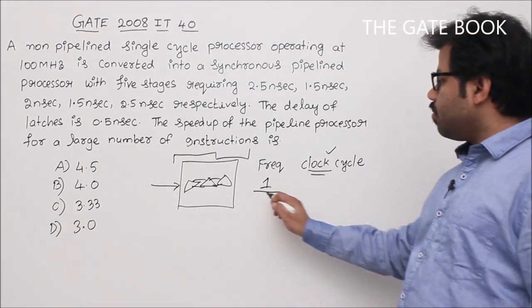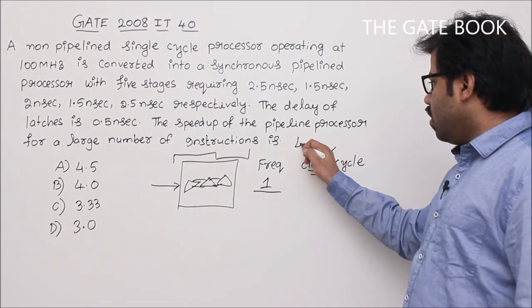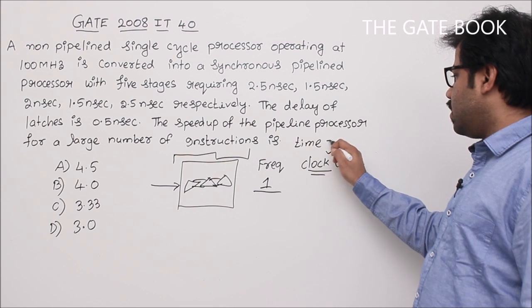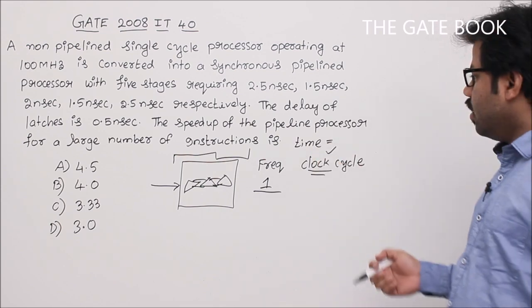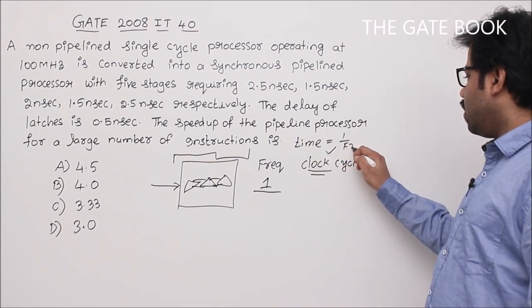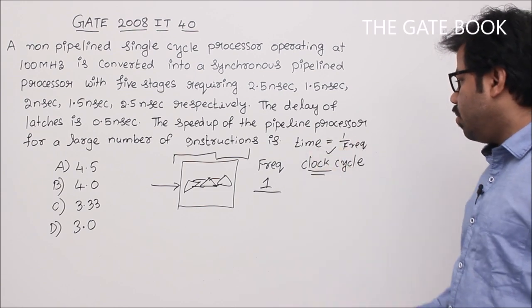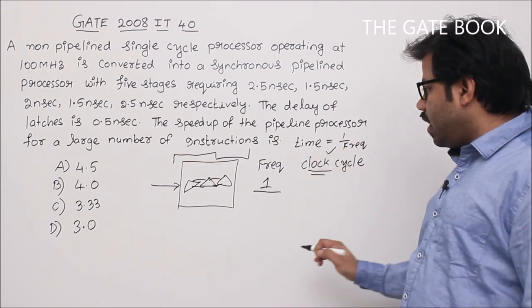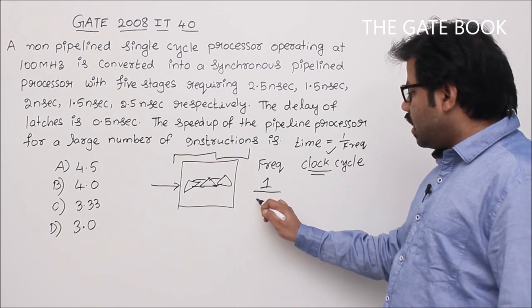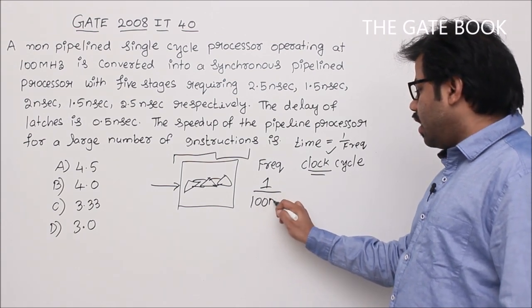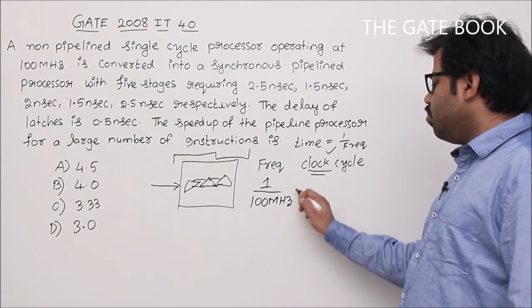Just like in your intermediate physics classes, time period equals 1 by frequency. Similarly here, the clock cycle's time period equals 1 by 100 megahertz.